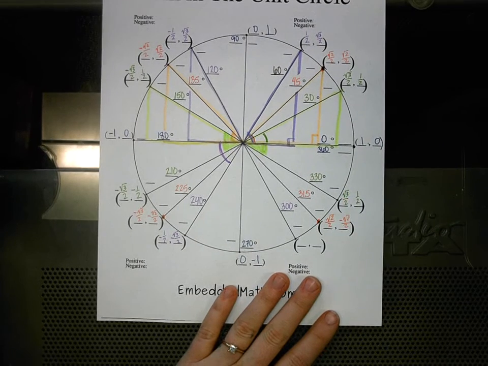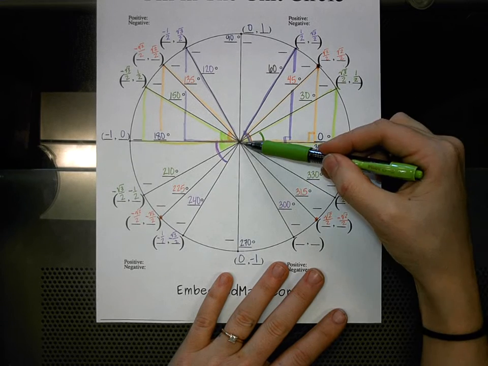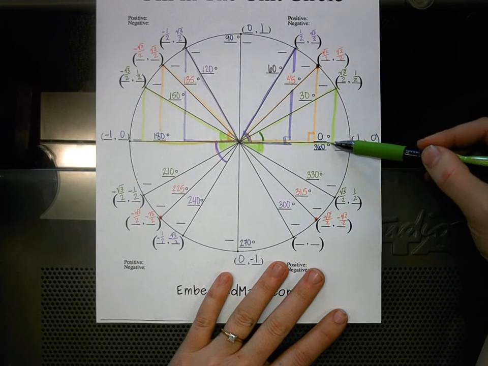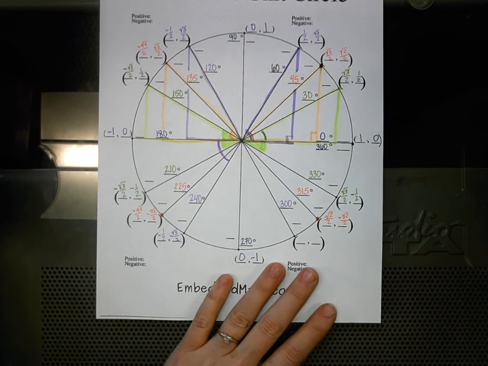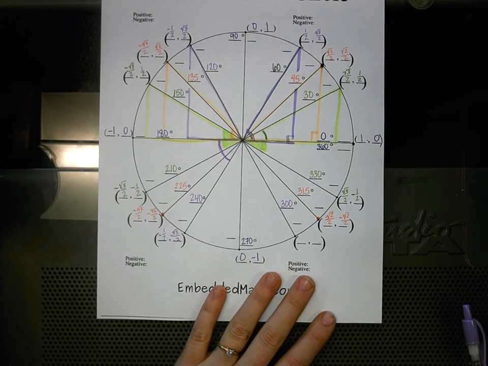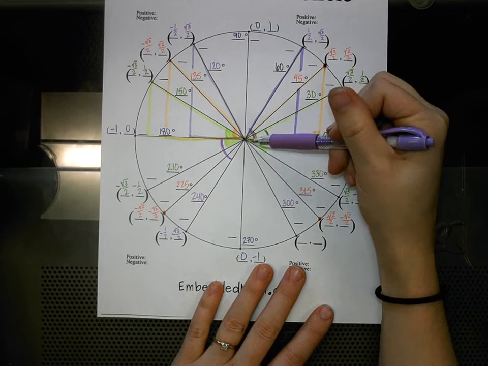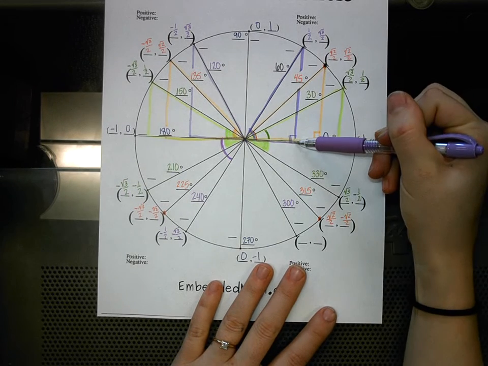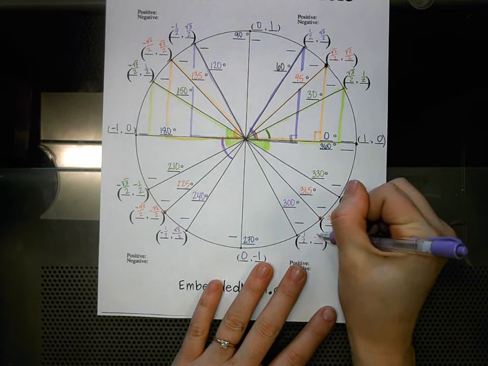Which one's negative? 1/2. Over root 3 over 2, down 1/2 means negative. If you want to draw on the triangle every single time, you're more than welcome to, because then you can see that you're going over 1/2, down square root of 3 over 2 for the last one.